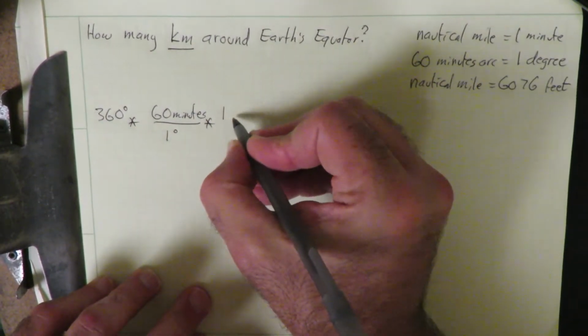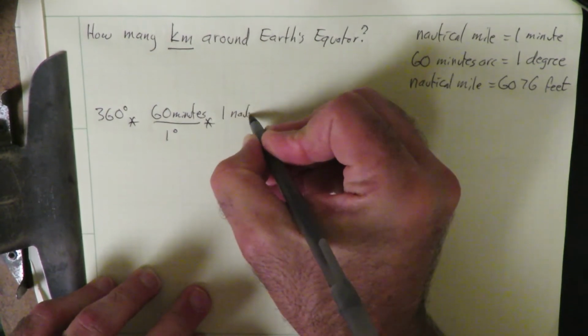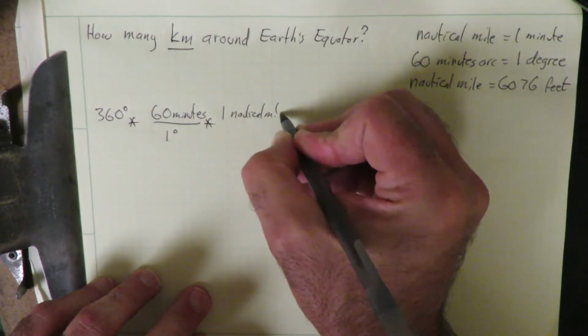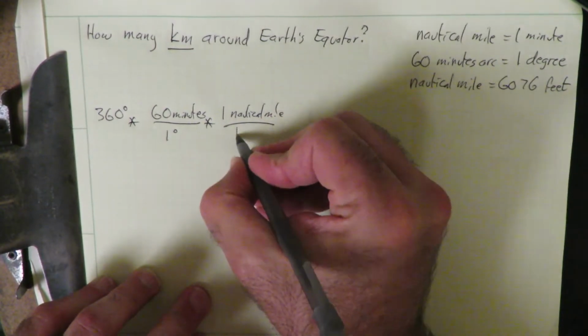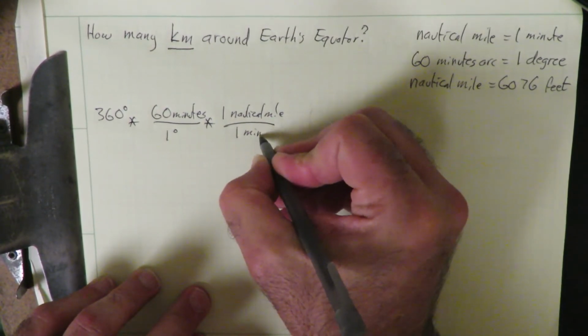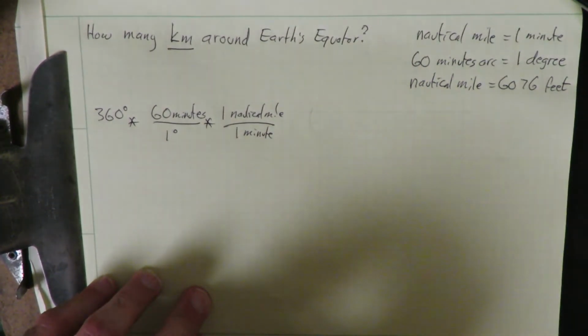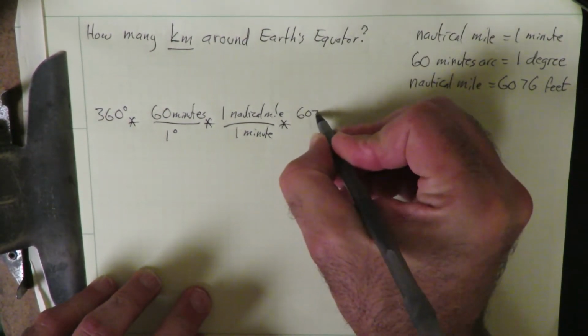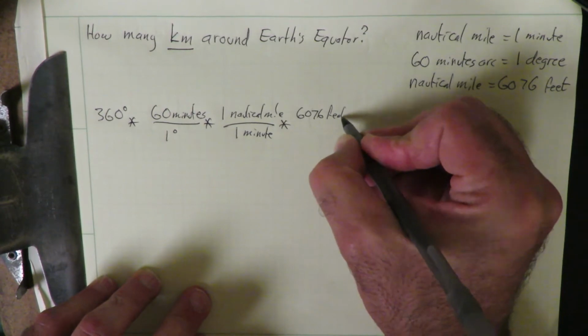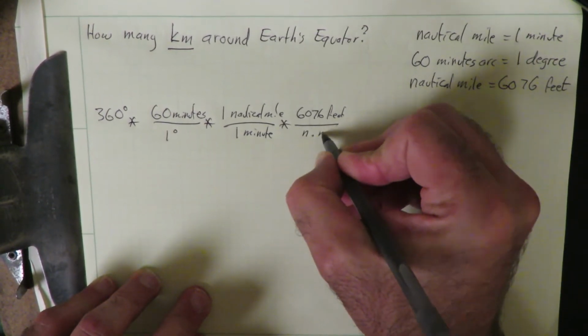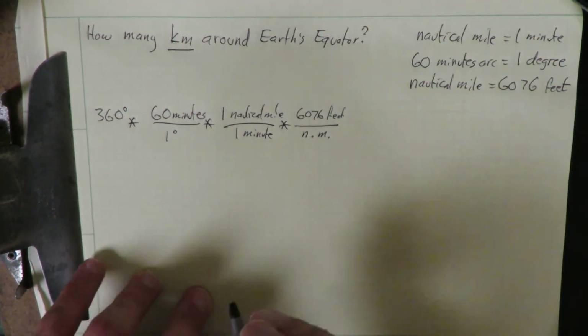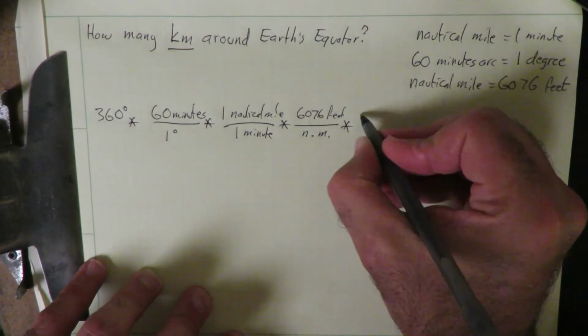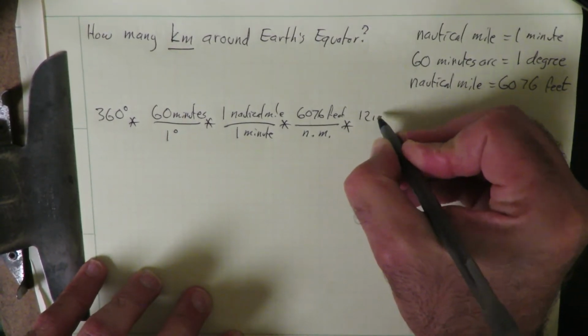And 1 nautical mile is 1 minute. Now we're going to go to feet because 6,076 feet per nautical mile, I'm going to abbreviate it NM. And as you know, there are 12 inches in a foot.